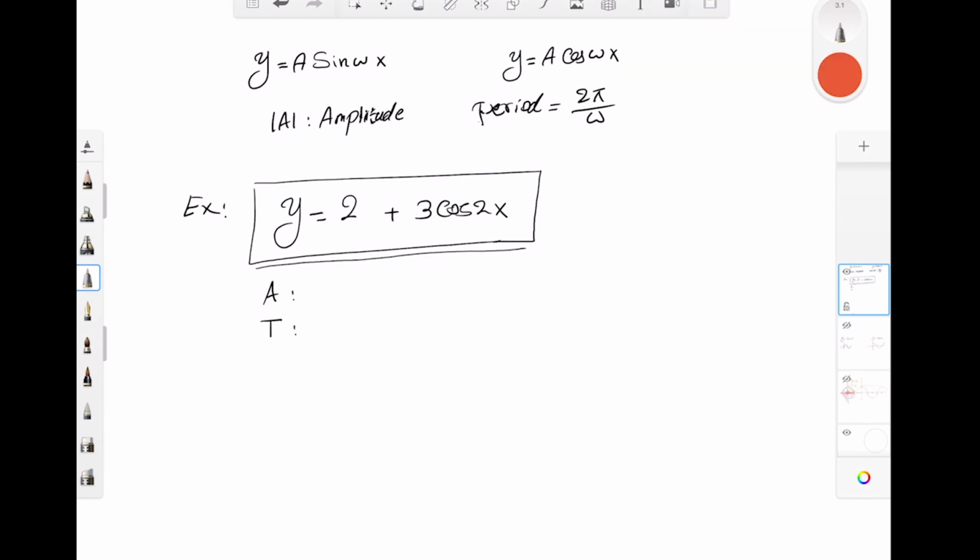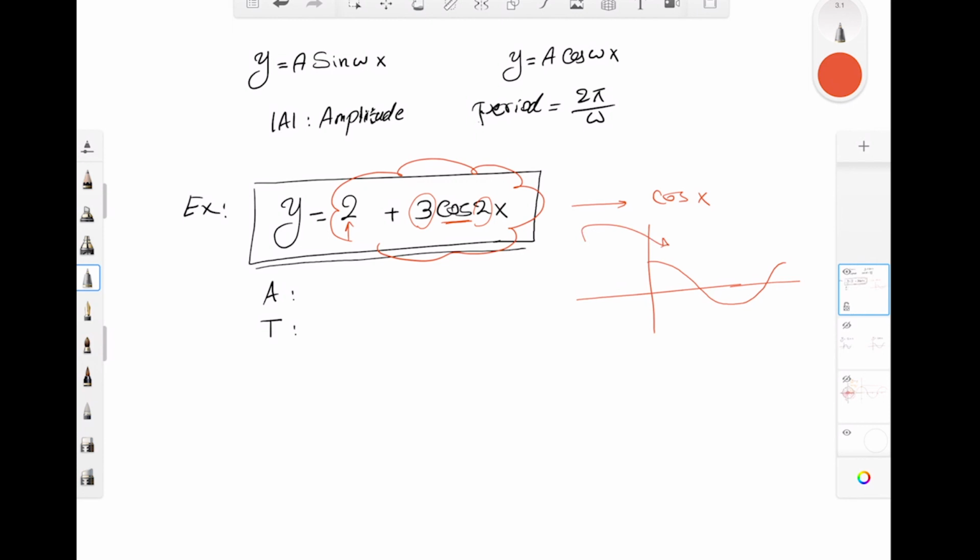If you want to graph this, you know this is cosine, so this comes from cosine of x. If you know the graph of cosine of x, something like this, then this 3, this 2, and the other 2 you should apply to this graph.